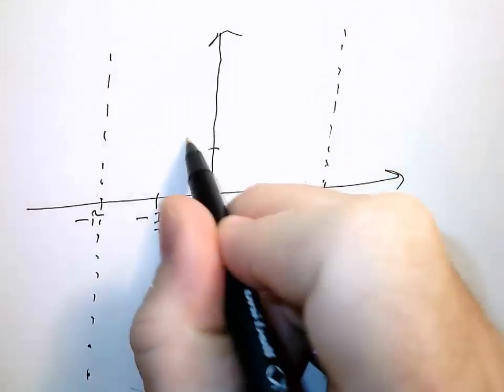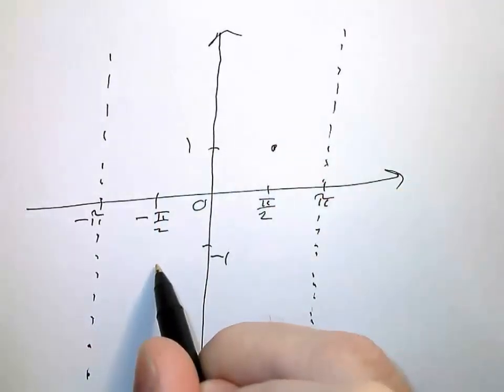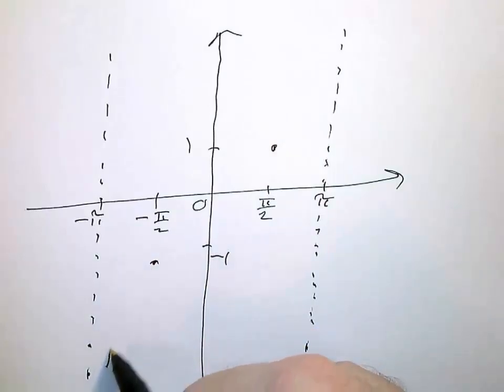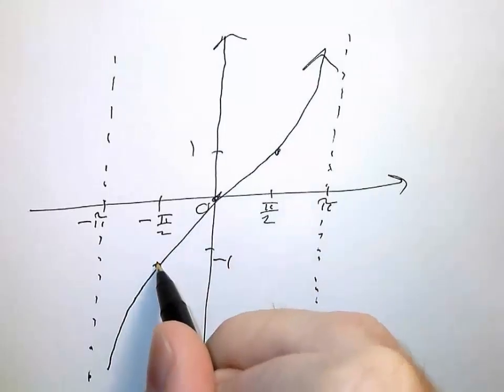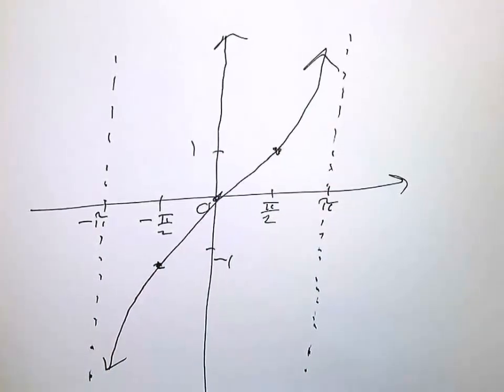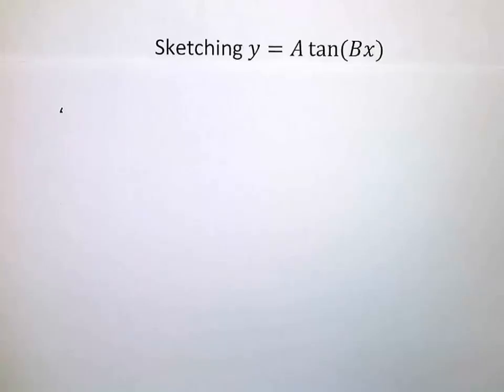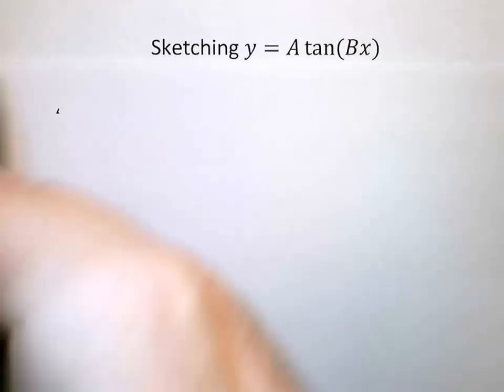So here would be 1, here would be negative 1. So I have something like this, going through the origin here. I have these points. And so this is my graph of one period of that function.